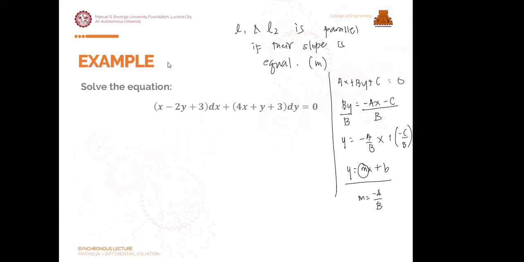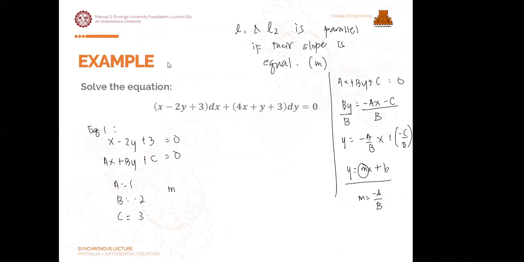Pero sa check natin tong given example natin, if the slope will be equal, so pag di nag-equal, itong case 1 yung gagamitin natin. Okay? So let's check. So we have yung first equation natin, x minus 2y plus 3 is equals to 0. So a standard, di ba, equation natin is ax plus by plus c is equals to 0. So meaning dito, a is 1, b is negative 2, and c is equals to 3.